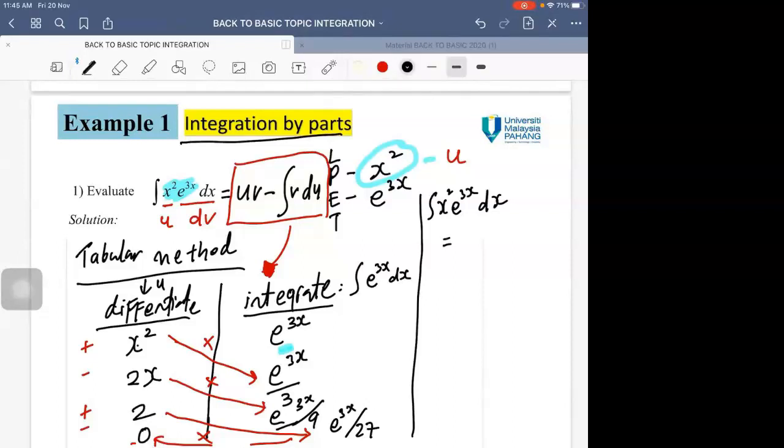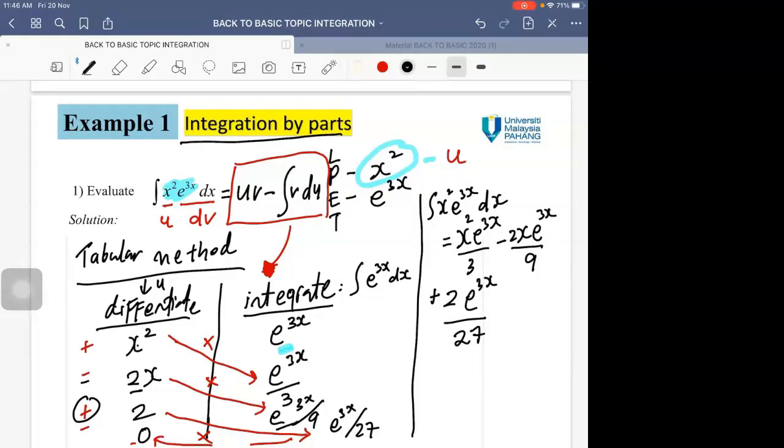Instead of using uv minus integrate v du, we use the tabular method. So the result is positive x squared multiplied with exponent 3x over 3, so we have x squared exponent 3x over 3, and then negative 2x multiplied with positive exponent 3x over 9, so we have negative 2x exponent 3x over 9, and then positive 2 exponent 3x over 27.